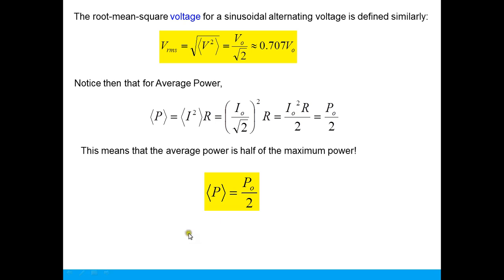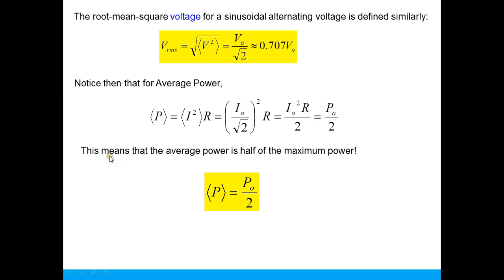Notice that for average power, it's root mean square current squared times R, so it's I0 over square root 2 squared times R, which gives us I0 squared R divided by 2. I0 squared R is the peak current squared times R, which gives us the peak power.